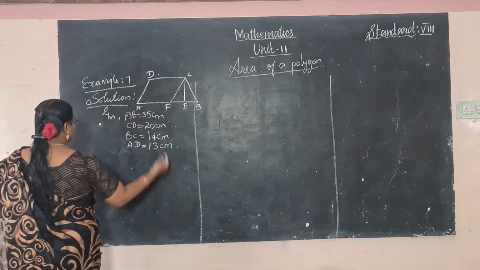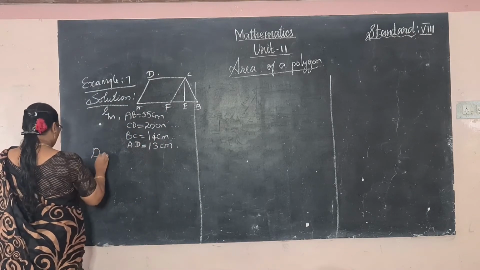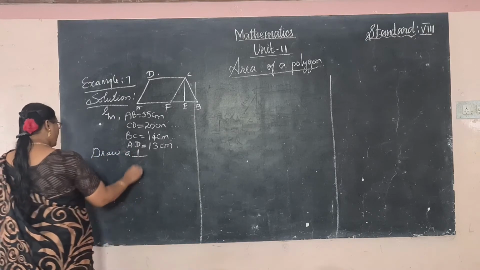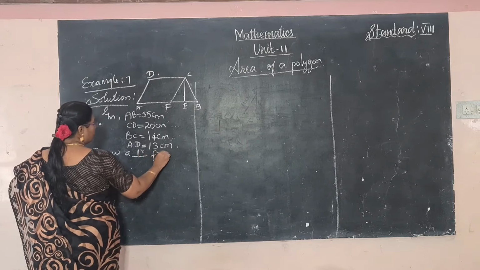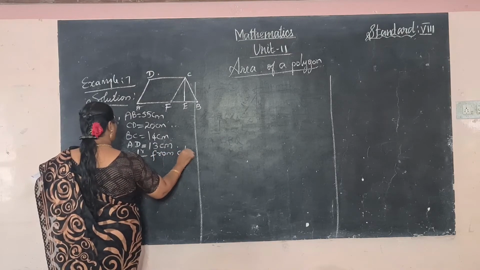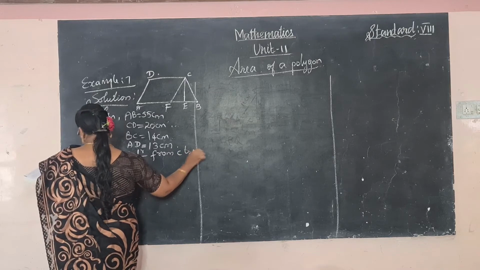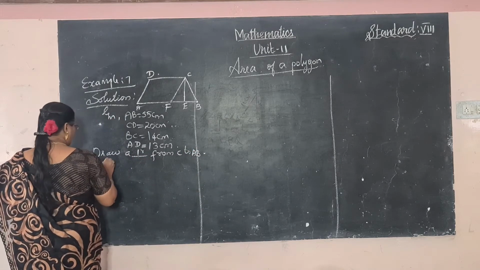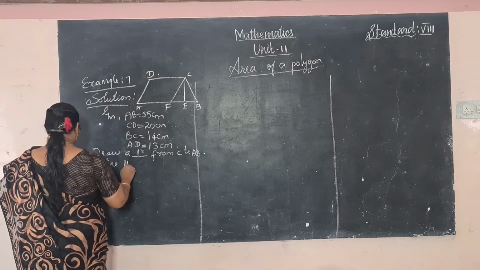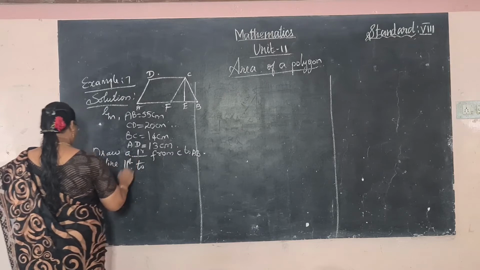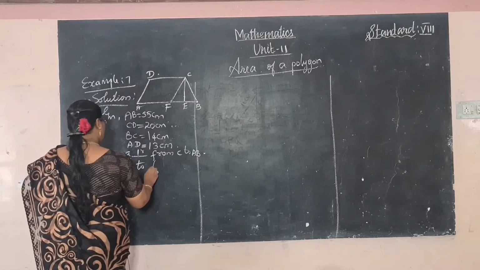So first what we do, draw a perpendicular from C to AB. Okay, and then a line parallel to AD.